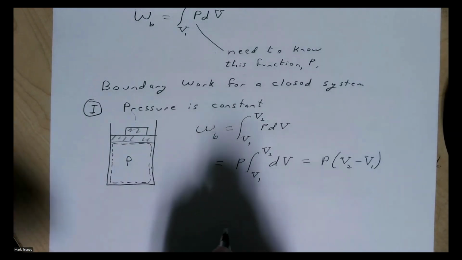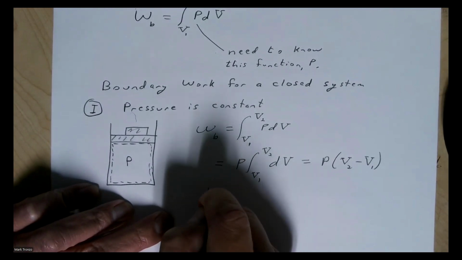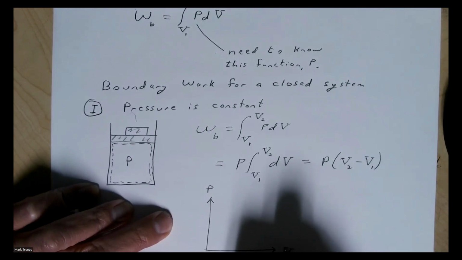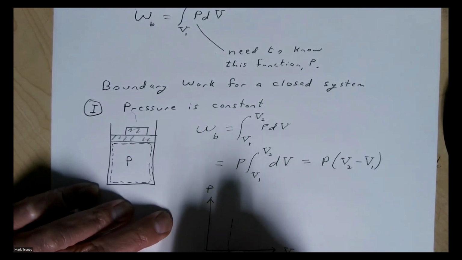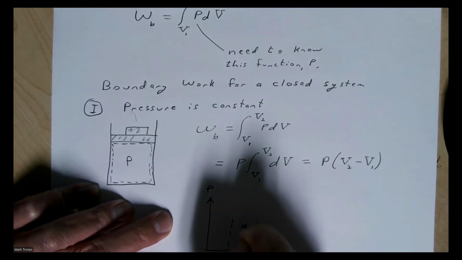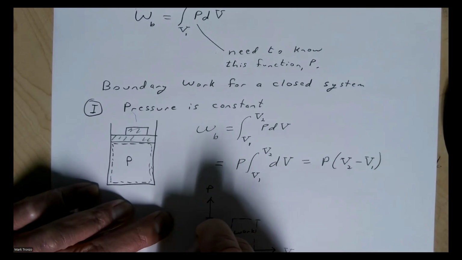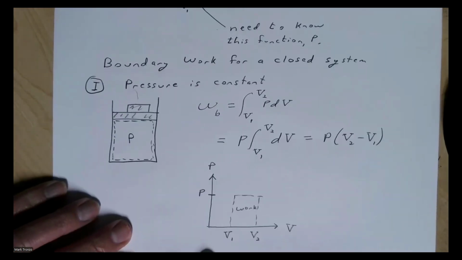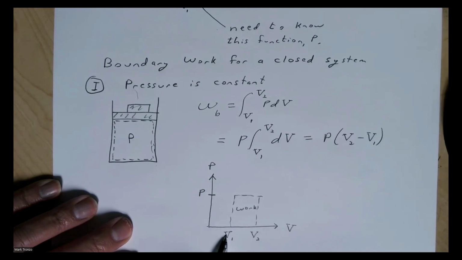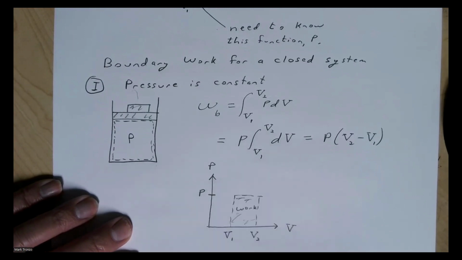Now, if you want to look at the work done, again, if you look on a PV diagram, and say this is your constant pressure between V1 and V2. Once again, work is just going to be the area of this triangle.